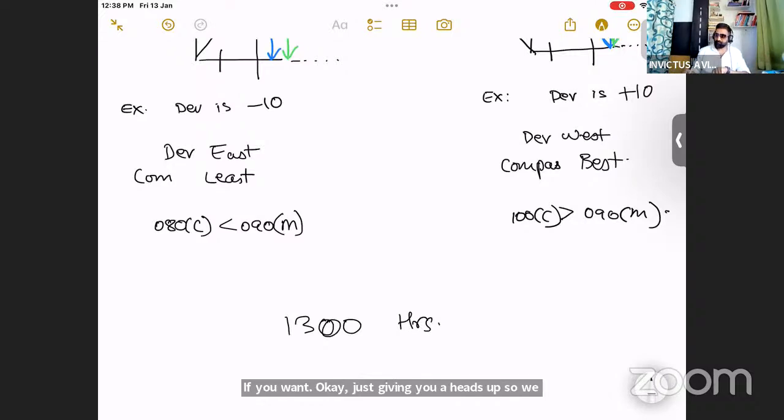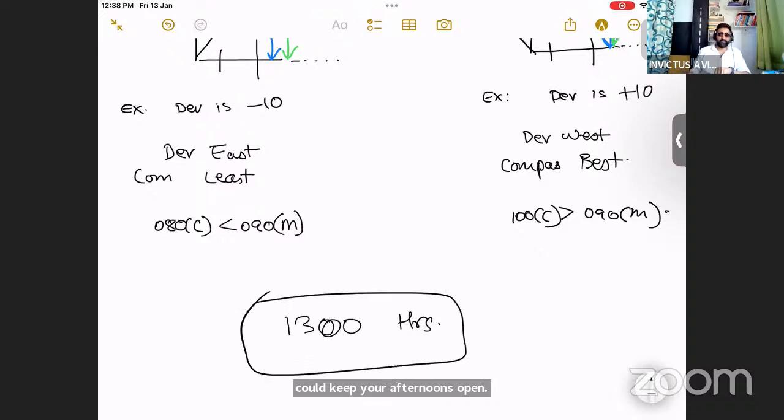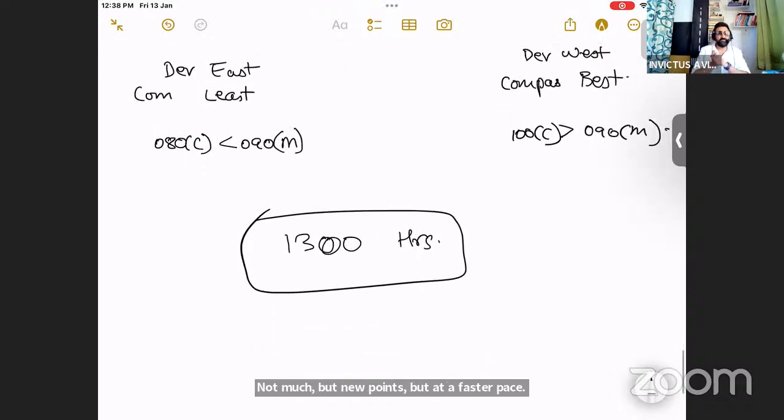So, short break. When we come back, we will be discussing the various components of soft iron magnetism with respect to remote reading compass and direct reading compass. Not much, but new points, at a faster pace. I'll see you students in some time.